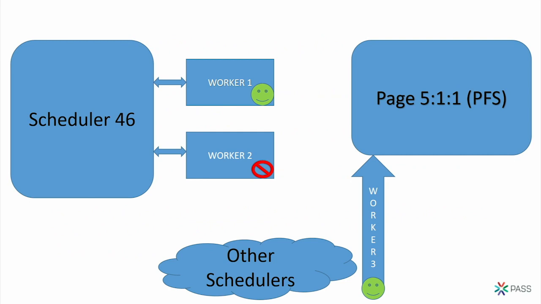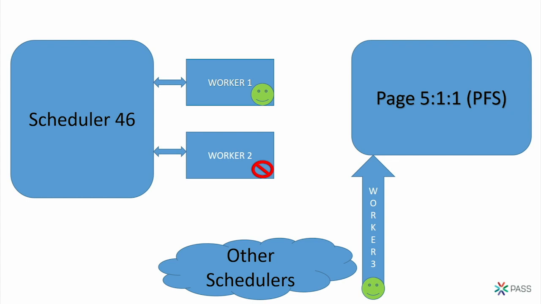So we've got some PowerPoint art here. On the left, you have one of our schedulers, scheduler 46. That has 2 user workers on it, worker 1 and worker 2. We've got all of our other schedulers, so 111 visible online schedulers in that cloud thing.